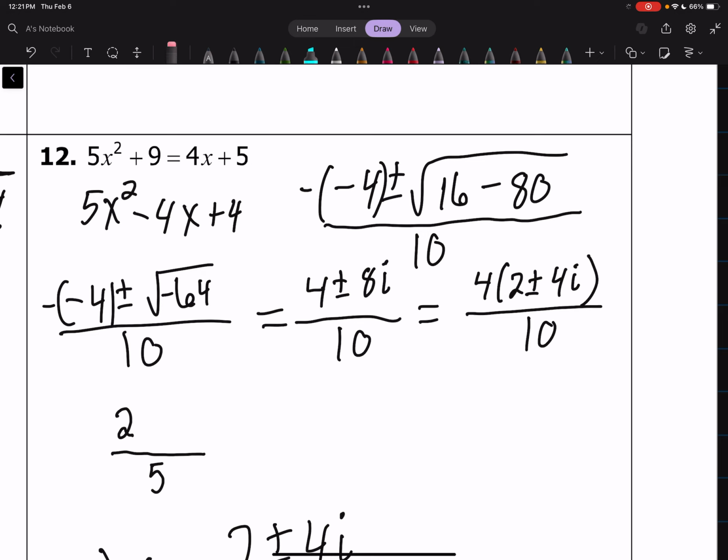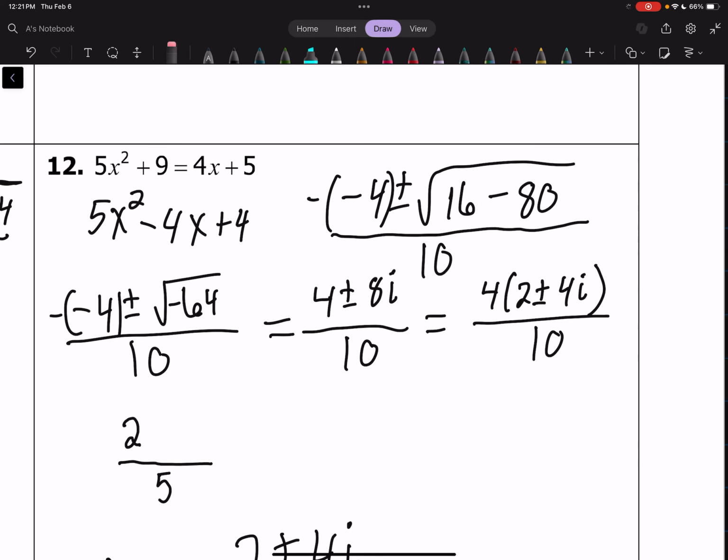Well, shoot. I was trying to go too quick and jumped ahead. Whenever I pull out that 4, I'm going to be left with 1 plus minus 2i. I have that 2 over 5, which is 1 plus or minus 2i.